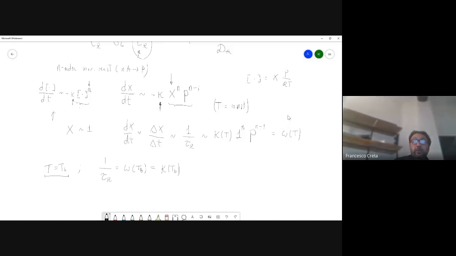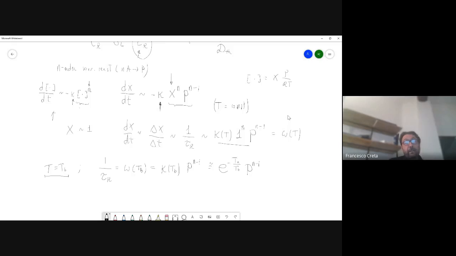So using this expression, essentially KTB, and then this 1 to the power of n disappears, and we have P^(n-1). So eventually we have an Arrhenius expression, e^(-Ta/Tb), and a pressure to the n minus 1.